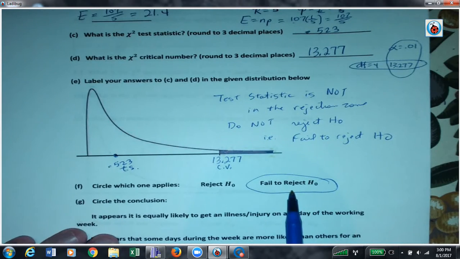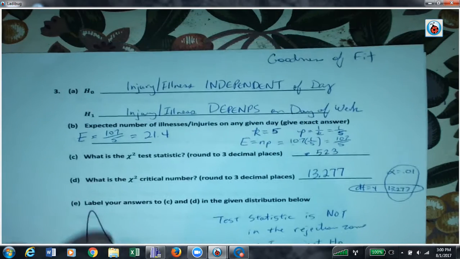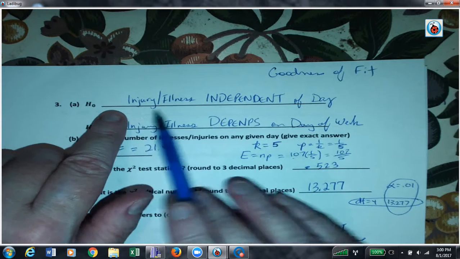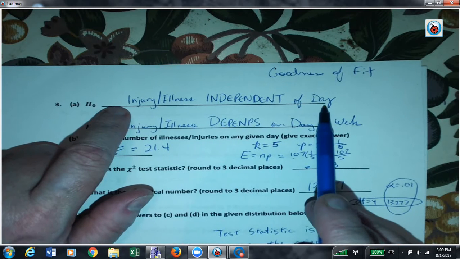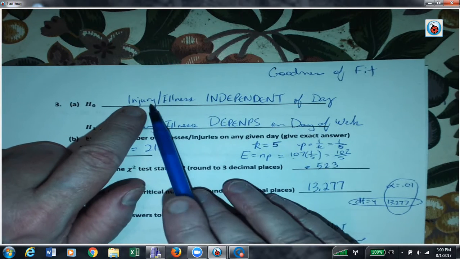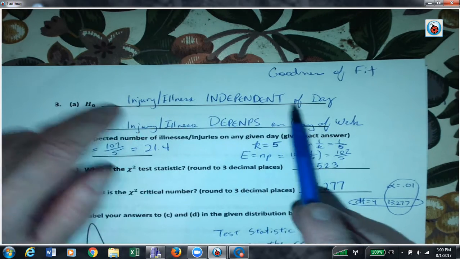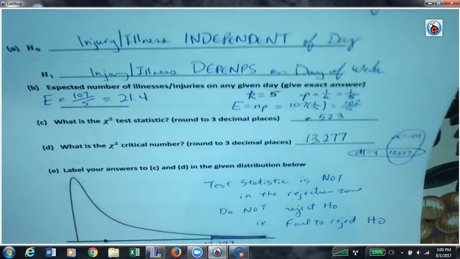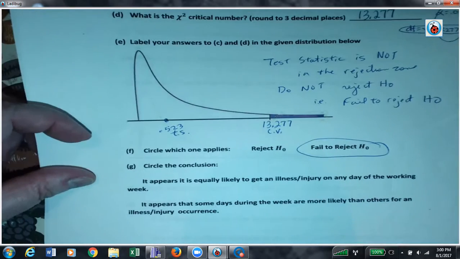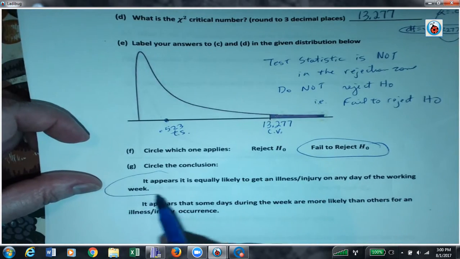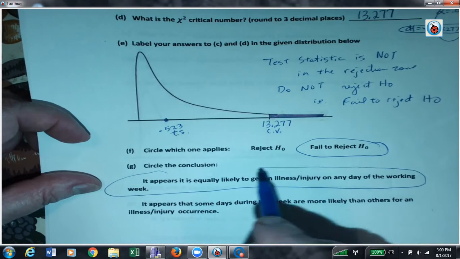If I fail to reject the null hypothesis, it means I'm accepting the null hypothesis. So the injury and illness is independent of the day. Oh, my dogs are howling. So nothing fishy going on.